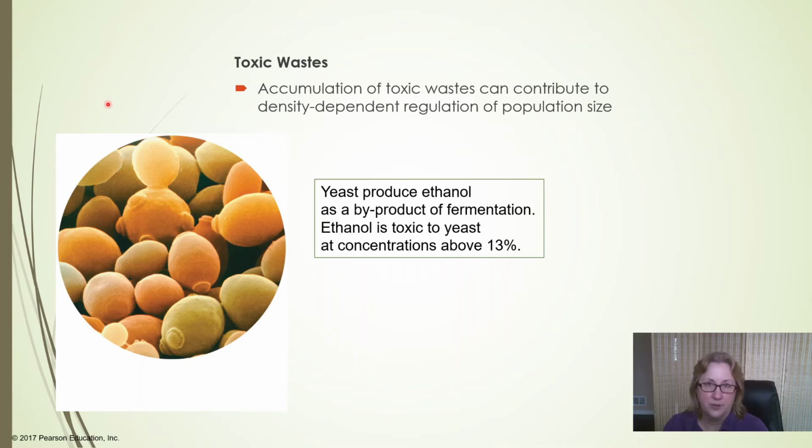So through natural selection, yeast evolved the ability to produce a toxin as a waste product that poisons bacteria faster than it poisons themselves. When yeast are fermenting sugar, they produce ethanol as a byproduct, which kills bacteria.